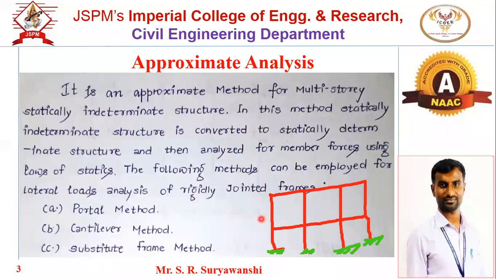This is the first bay, second bay, third bay. What kind of structure is it? Statically determinate or indeterminate, who will tell? The given structure is statically determinate or indeterminate.